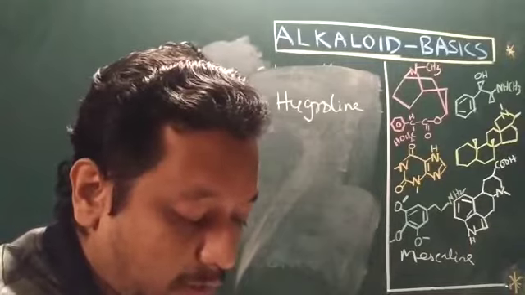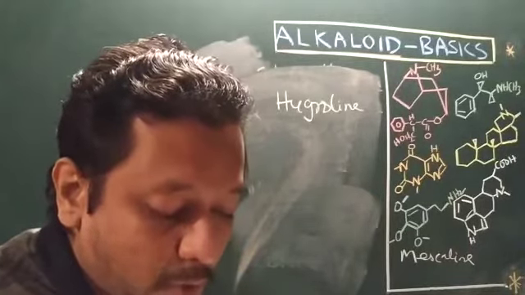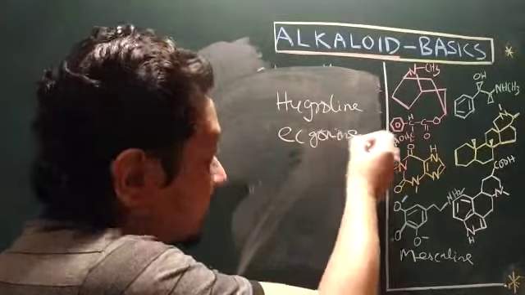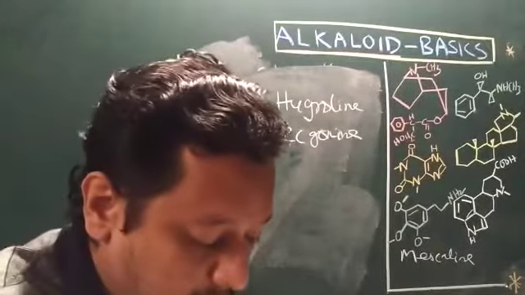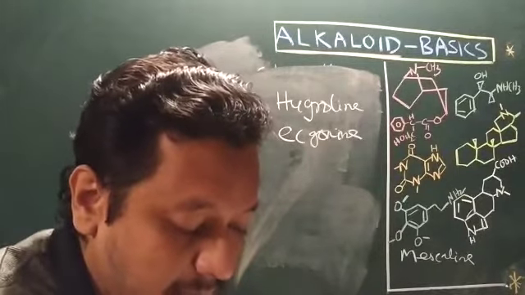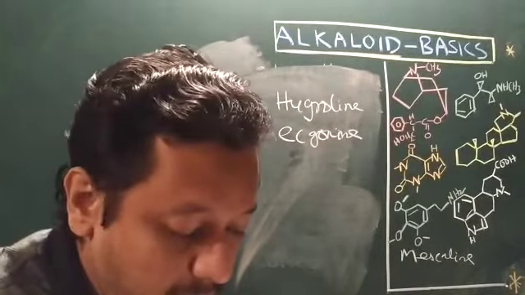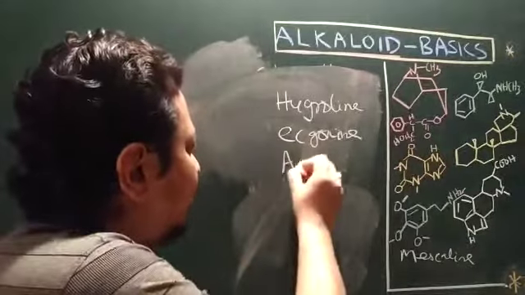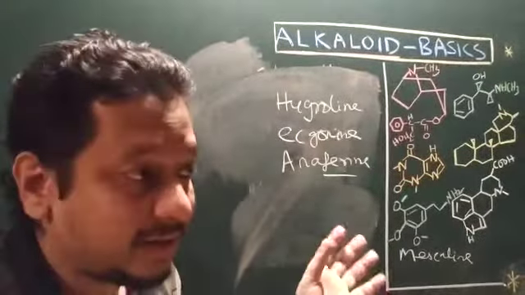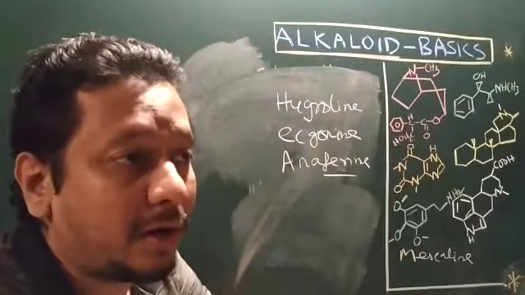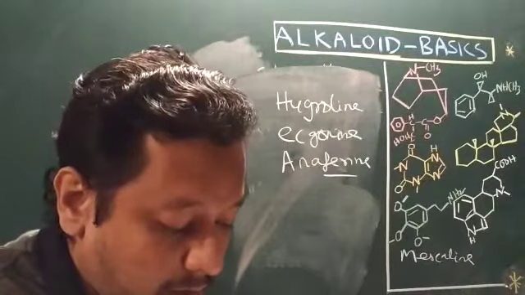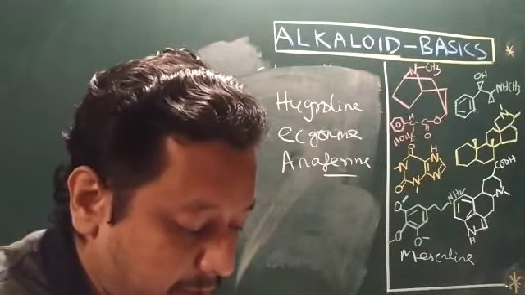Then tropane alkaloids like atropine, cocaine, ecgonine again come from ornithine. Then piperidine comes from the amino acid lysine, for example lobeline, which is a ganglion stimulant. Then anaferine, which I will discuss in the chemical constituents when I talk about plants. Piperidine alkaloids are all lysine derivatives.